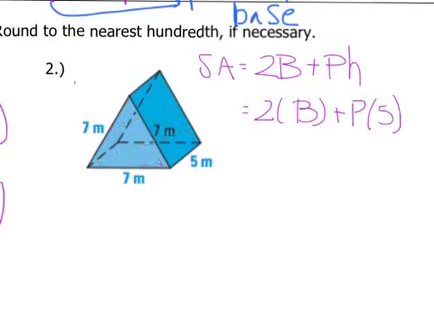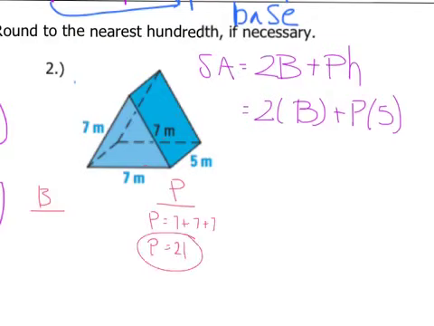All right, so off to the side, we need to look at finding the area of the base and the perimeter of the base. One of these is not too bad. Finding the perimeter of this base is not too bad. We know all three sides. So the perimeter is just going to be 7 plus 7 plus 7, which is 21.